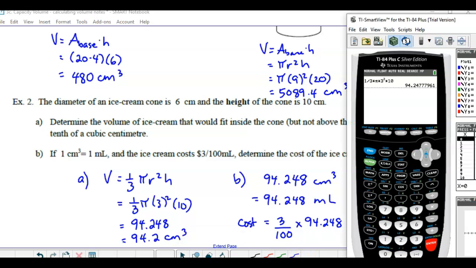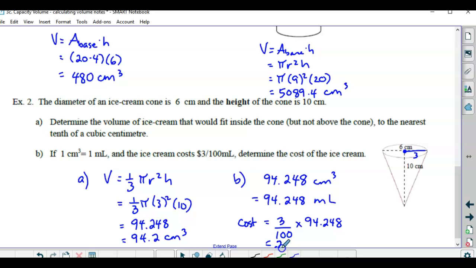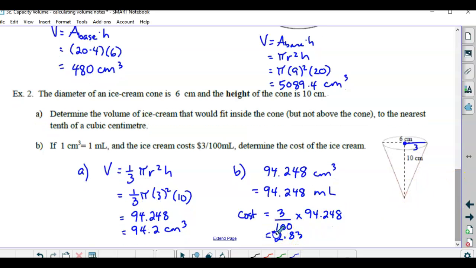That's still in your calculator, so you could multiply by 3, divide by 100, just switching the order around, and that's nearest cent $2.83. Okay, so that would be the cost of the ice cream in there. Then they charge you for the cone, right? So when they sell it to you, it's going to be more than that.